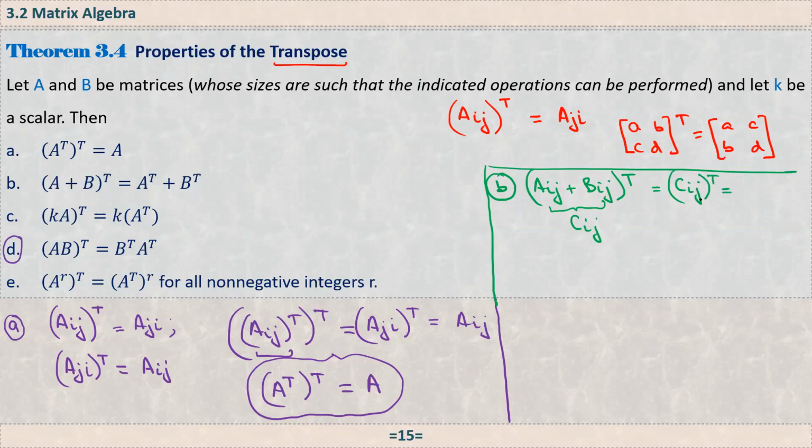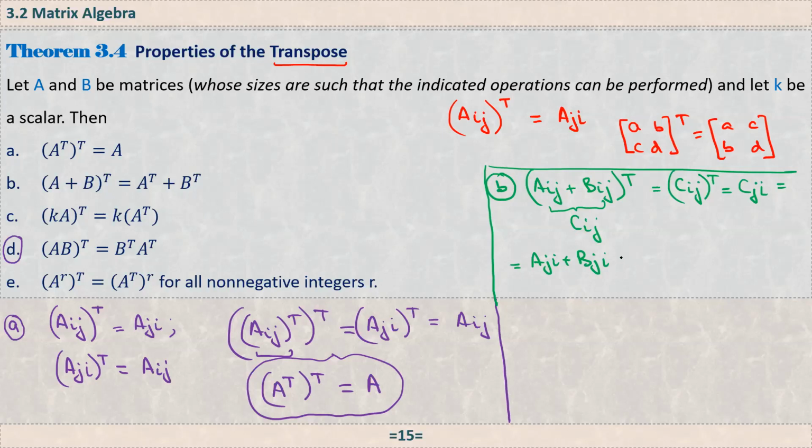And by the definition, Cij transpose, when it transposes this, gives us this entry of the new matrix, right? And that equals Cji. What is Cji? It is just equal to Aji plus Bji, because Cij equals Aij plus Bij, that means Cji will be equal to Aji plus Bji.